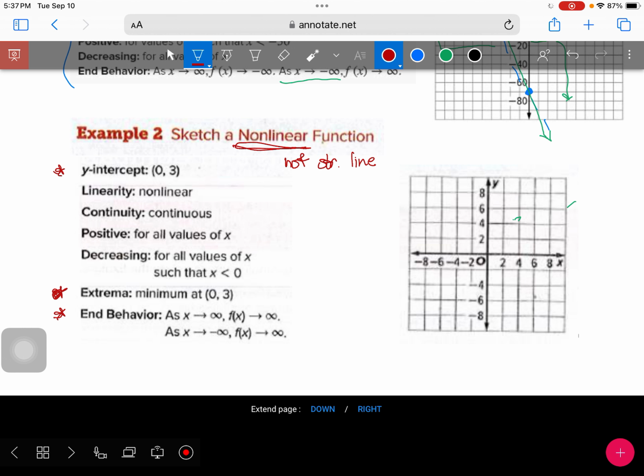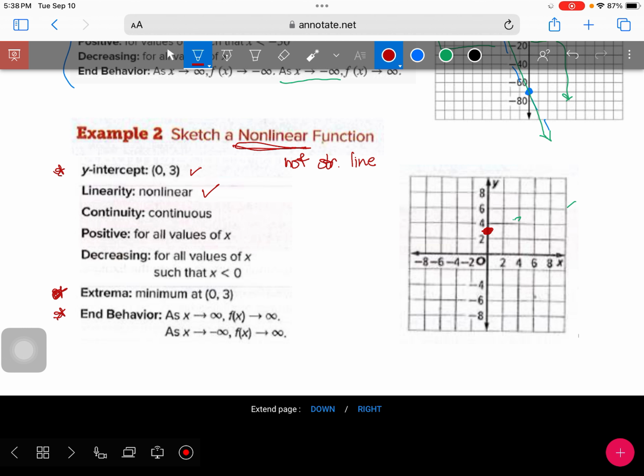Okay? So first of all, let's go back to the y-intercept. Y-intercept is 0.3. That's going to be right there. So our graph is going to cross at that point. Okay, we did that. We know it is non-linear, not a straight line. It's continuous. That means it's going to be a solid mark, not a dashed line.